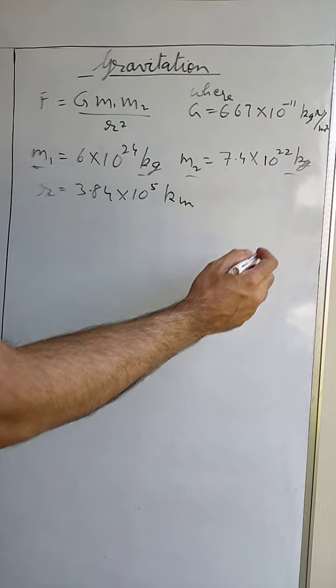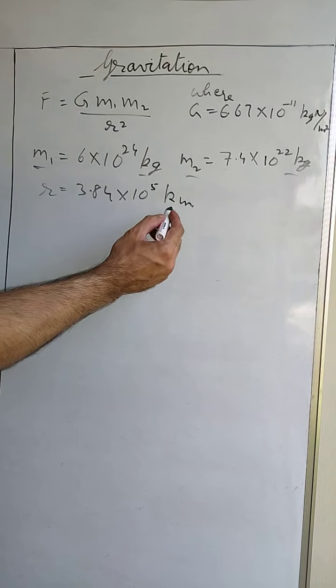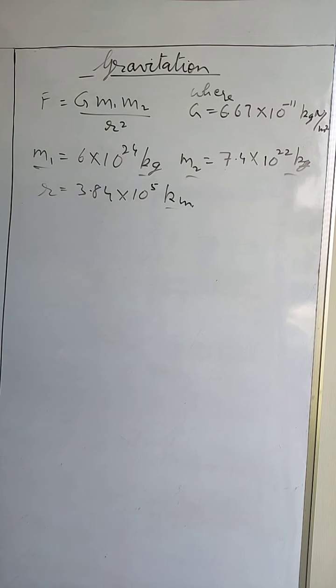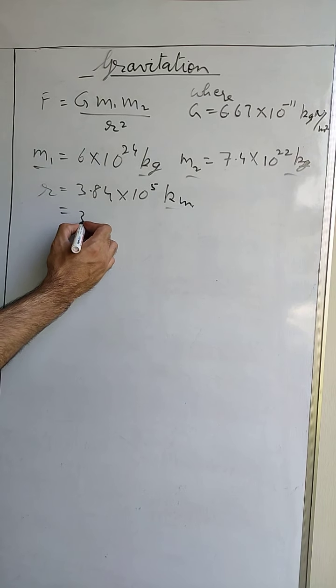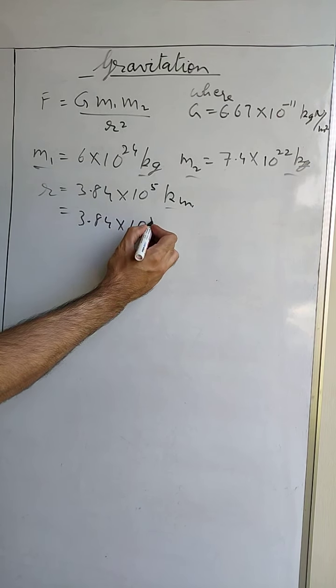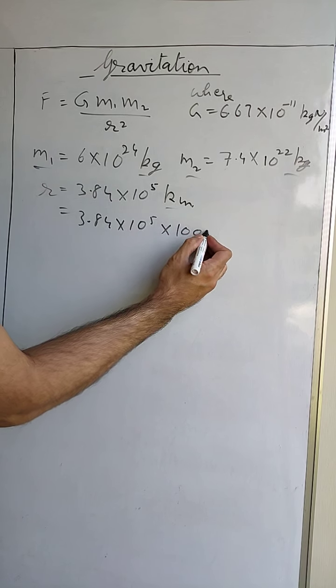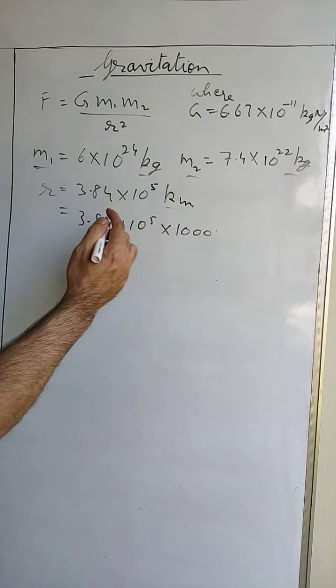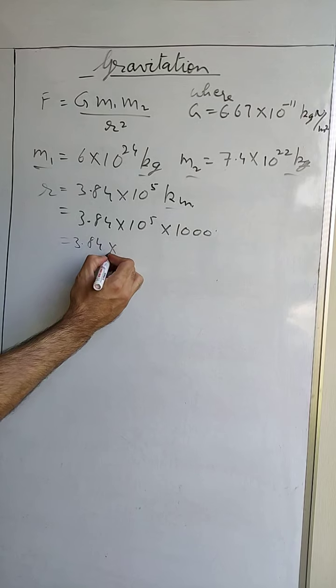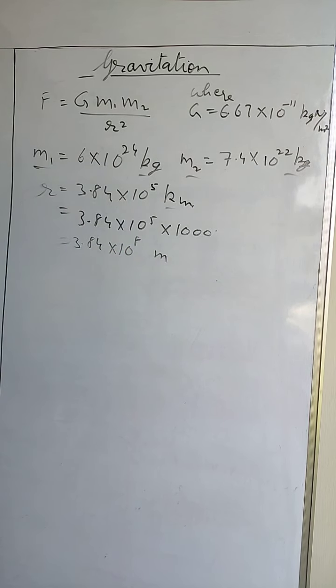So kg, mass, is already in SI system. Kilometer is not, the SI unit of distance is meter, so we'll convert this into meter. So 3.84 into 10 to power 5 into 1000, so it will become 3.84 into 10 to power 8 meters.